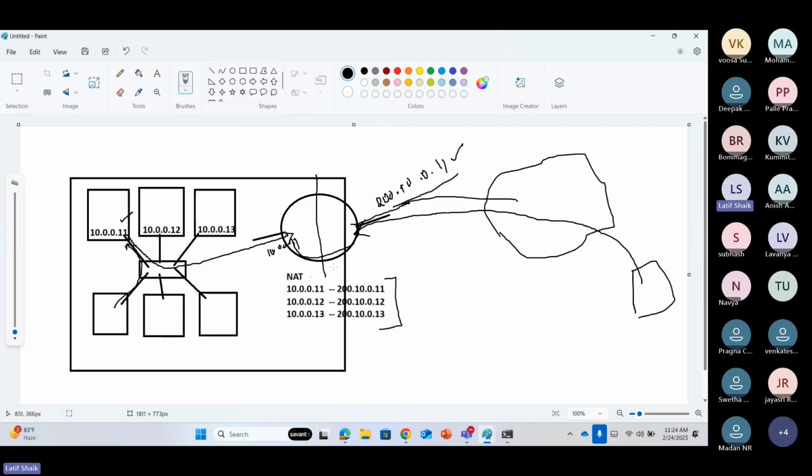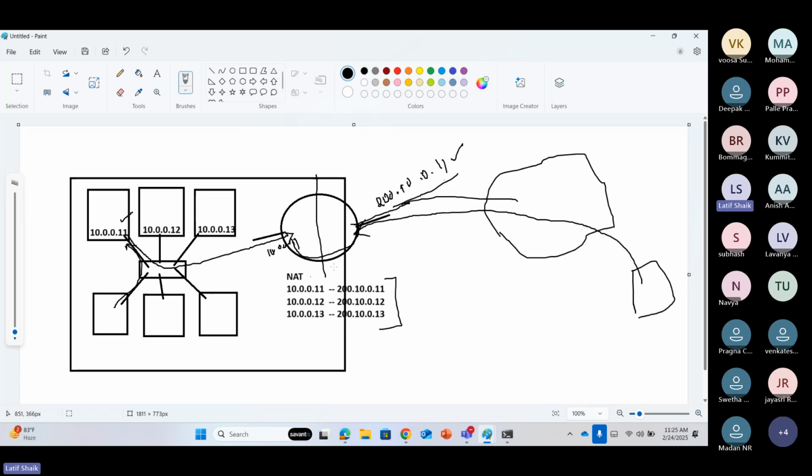In NAT, it is one-to-one, which means 10 private needs 10 public, and 50 private needs 50 public. In our home, we have a lot of devices, right? Even in a small home you have mobile phones, laptops, desktops, tablets, TVs.